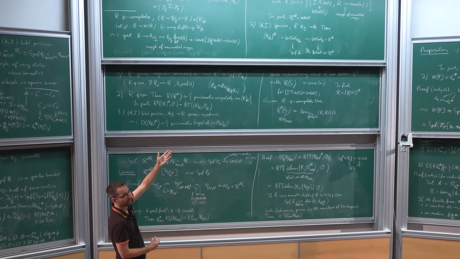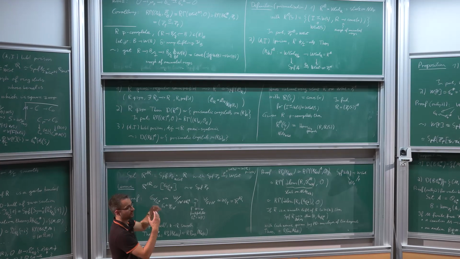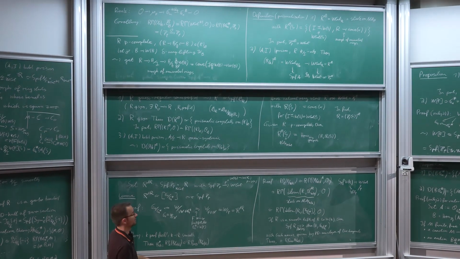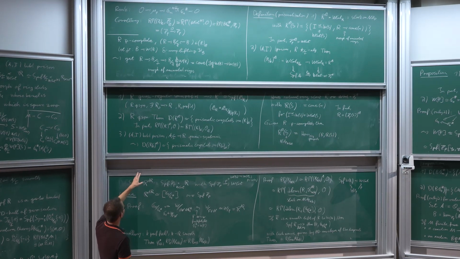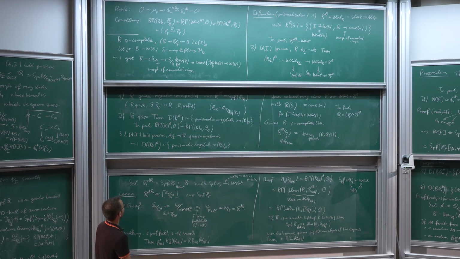And of course, one then has to make sense of the Witt vectors, but when one gets the derived prismatization, then the story extends. But then of course one also has to replace the prismatic site by something derived.